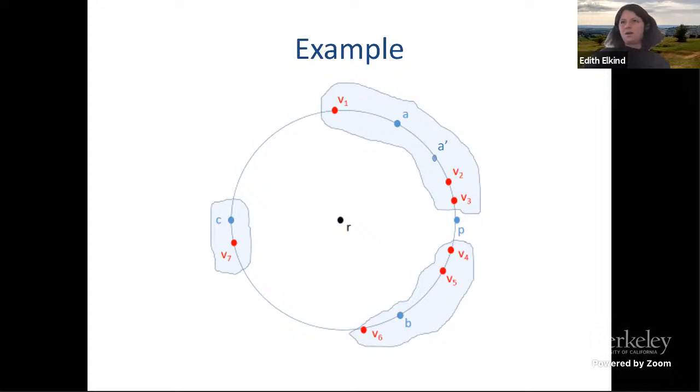V1, V2, and V3 form a coalition around A, V4, V5, and V6 form a coalition around B, and V7 forms a singleton coalition around C. Let's say these are the only proposals available. In particular, agents are unable to articulate a proposal that would exactly correspond to their position, so there is no proposal that sits exactly at V7. C is the closest proposal to agent 7 that agent 7 can actually describe in words.